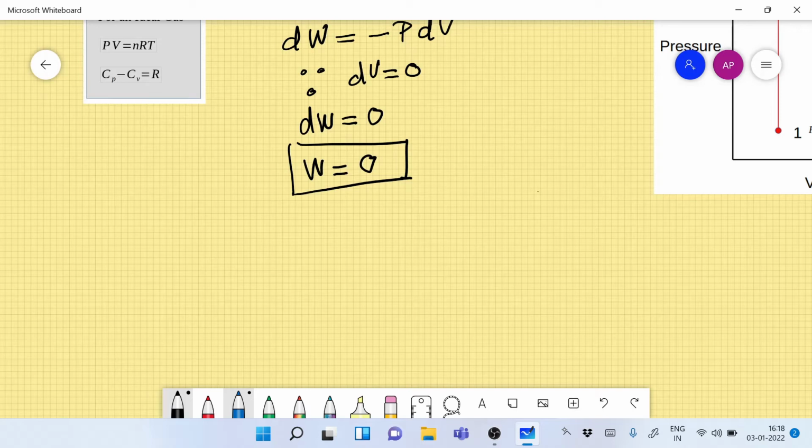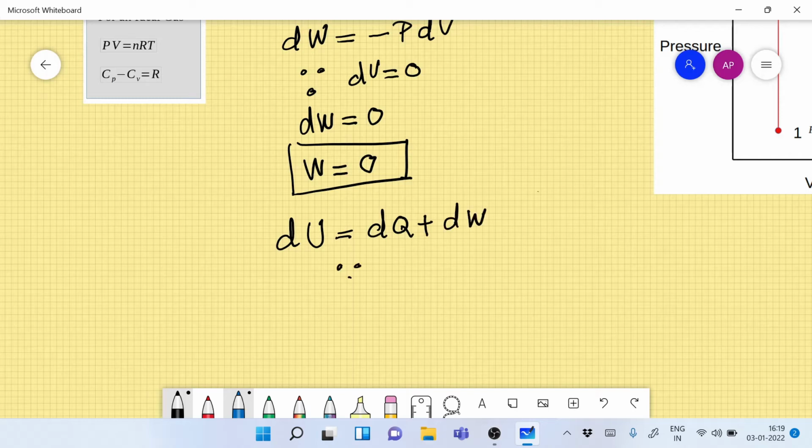Now let's apply the first law to this process. We assume that the number of moles of fluid is constant, so therefore it's a closed system. So for the closed system, the first law can be written as dU is equal to dQ plus dW.